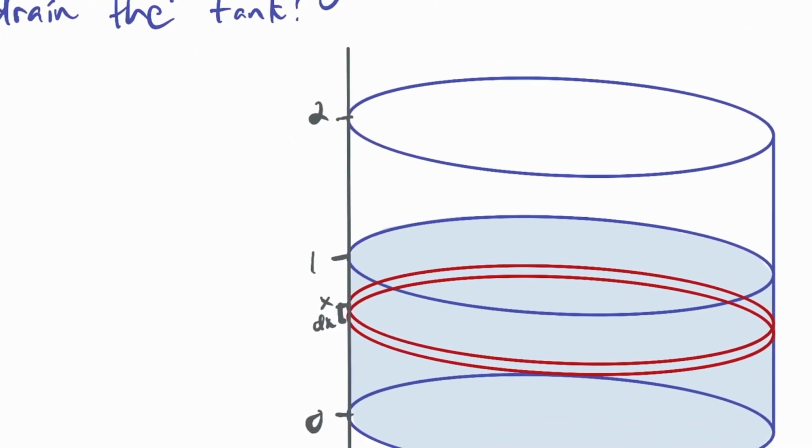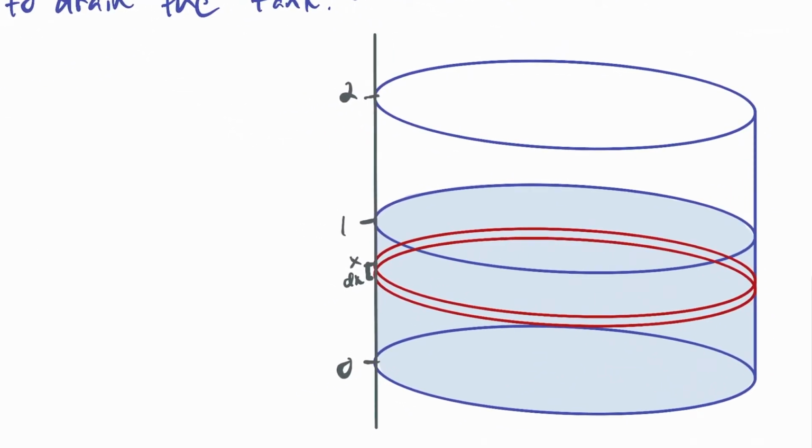So this slab here is going to have a radius, right? I guess the center is right there. The radius is going to be, well, the base of the tank has a diameter of 2 meters. So the radius is 1 meter, right? So that means that the area of the base there is going to be, well, pi r squared would be pi, right?